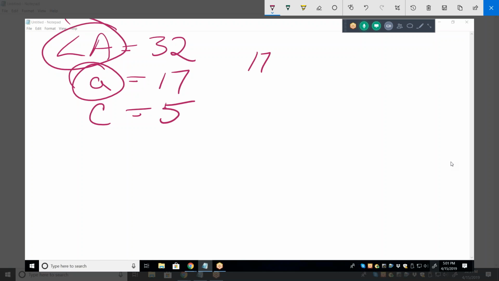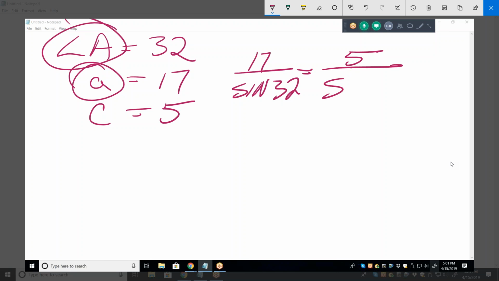Okay, give me an equation. 17 over the sine of 32 equals c, which is 5, over the sine of capital C. It's hard to tell, but this is little c, this is capital C. Okay, so solve that for the sine of C, and you get 0.15.